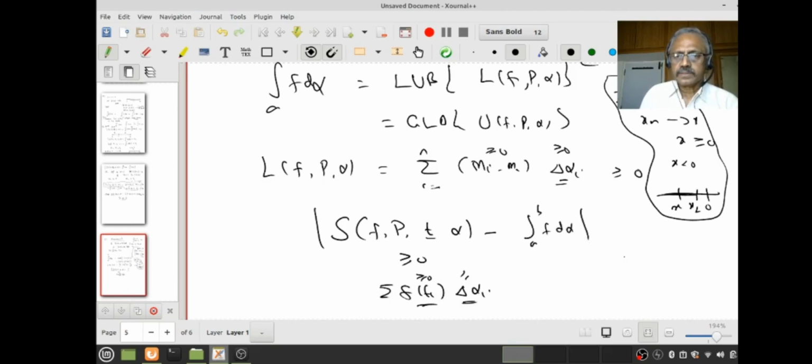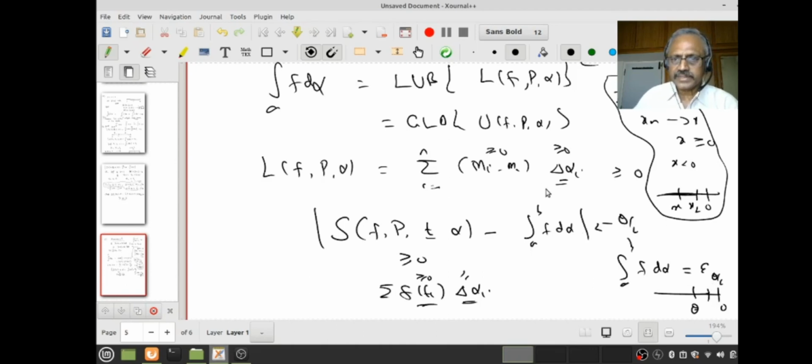Suppose the integral from a to b of f d alpha equals some theta, which is less than 0. Now again take theta by 2, therefore there is a partition such that this should be less than theta by 2.